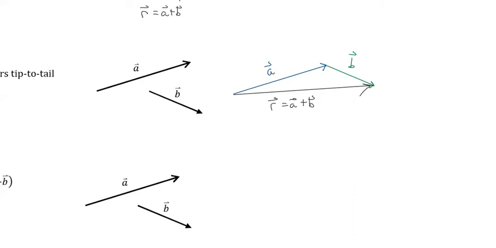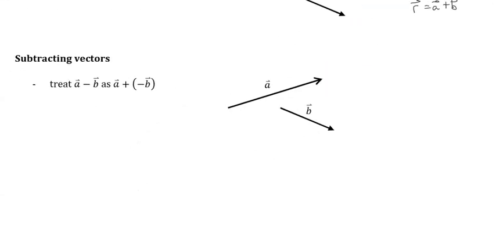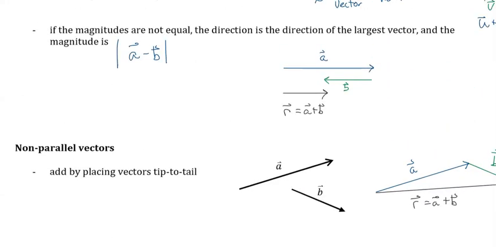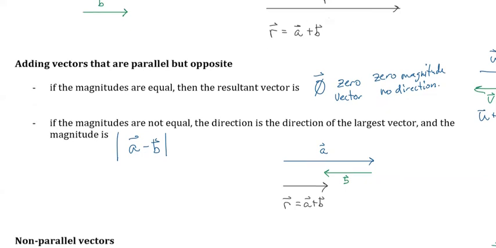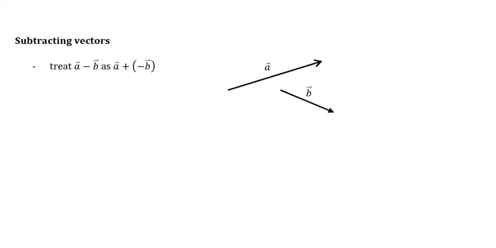But what makes the most sense is to treat vector A minus vector B as vector A plus the negative of vector B. So again, going all the way back and doing this one more time. Take vector A, and then I'm going to do vector B in the opposite direction, still tip to tail.